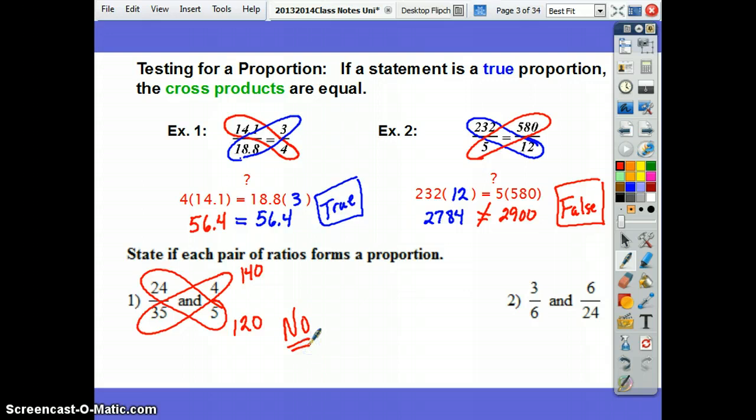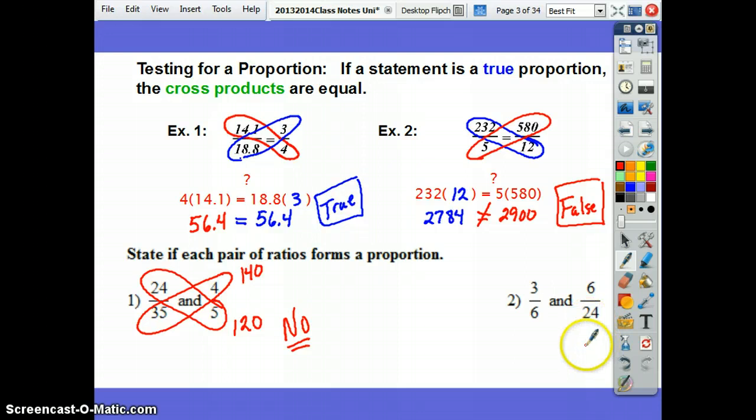The next one, number 2, 3/6 and 6/24. You know what? I don't have to do cross products on this one. I can just look at it. 3 times 2 is 6. And if I multiply 6 times 2, I'll get 12. A proportion means that they're going to be multiplied by the same thing. And you can see then that 6 times 6 is 36, and 3 times 24 is 72.